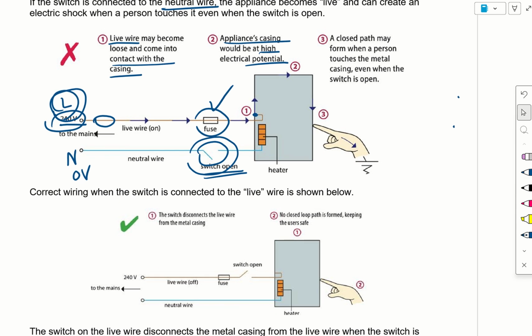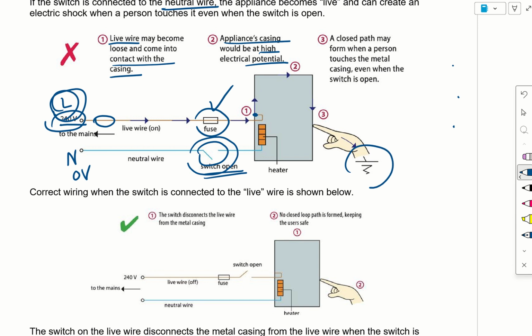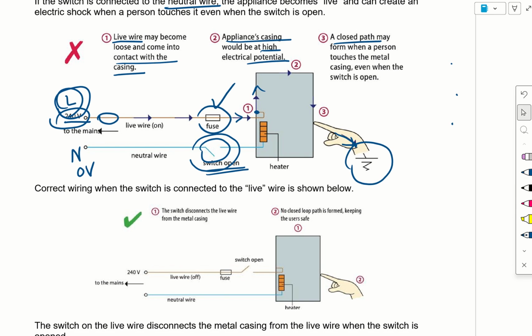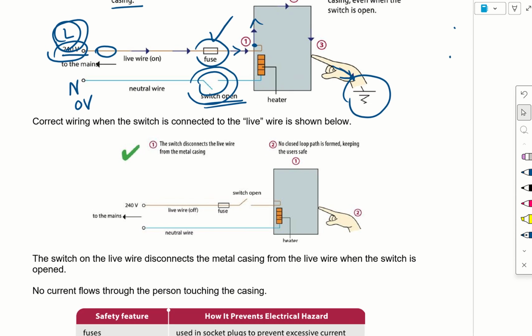Okay, so when the person happens to touch the metal casing or the casing of the appliances, right, it forms a closed circuit, right? A closed path may form, and therefore the current will flow through the live wire, through the casing and into the person, and it results in the person getting an electric shock. Okay, so where should the switch be connected?